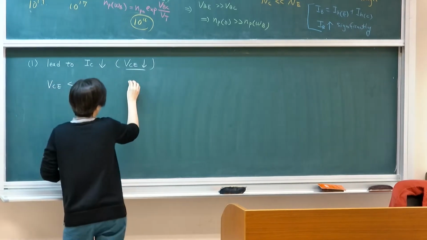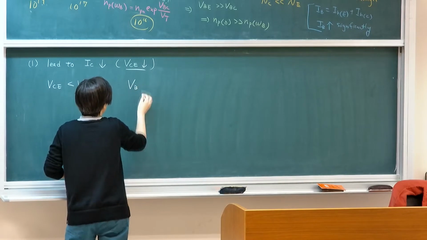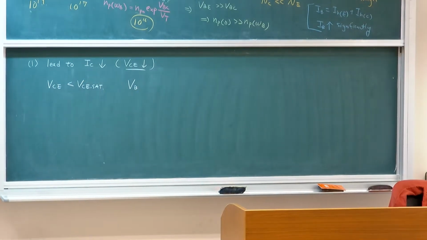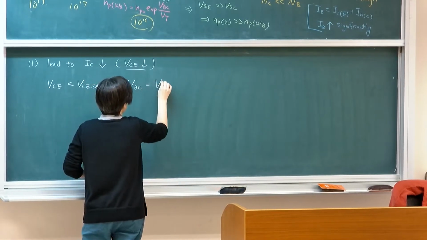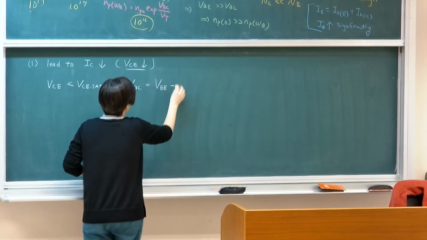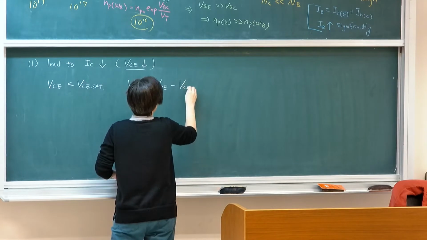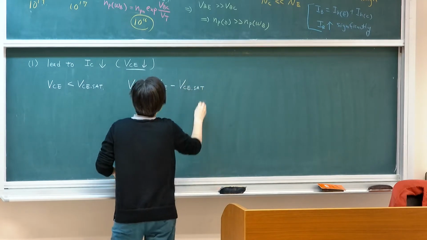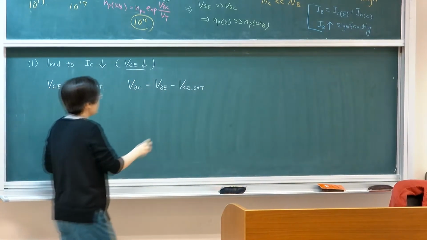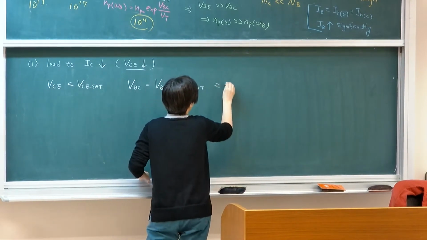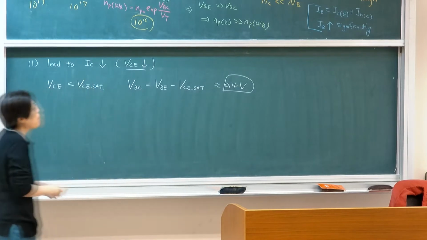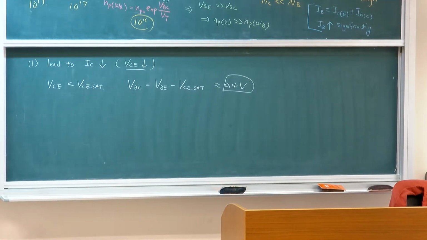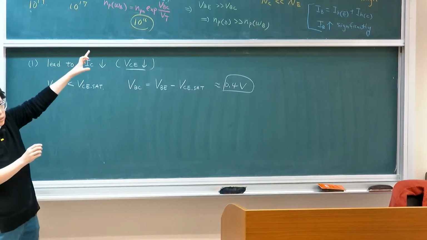So what defines VCE sat? We want to know the difference between base and collector voltage. So the base-collector voltage will be VBE minus VCE sat. This will be somewhat about 0.4 volt. And this voltage comes about because of the exponential nature of that equation.